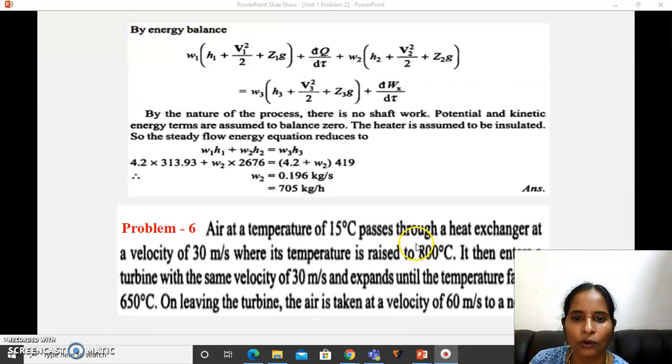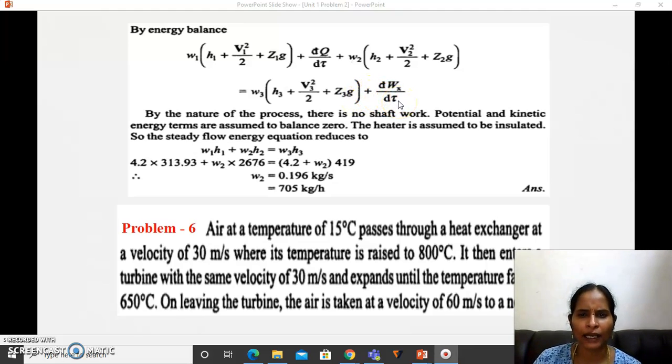So now, by doing the energy balance, first m1 into h1 plus v1 squared by 2 plus z1 g is meant for water, plus heat del q by d tau, plus this 2, the subscript 2 meant for steam, which is equal to subscript 3 for this energy term that consists of the mixture, and then work done.